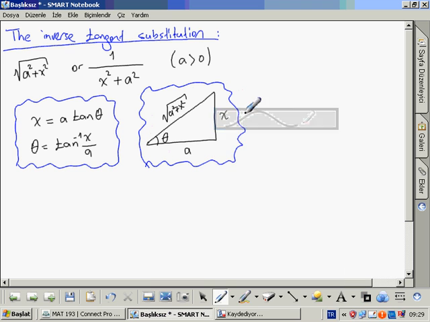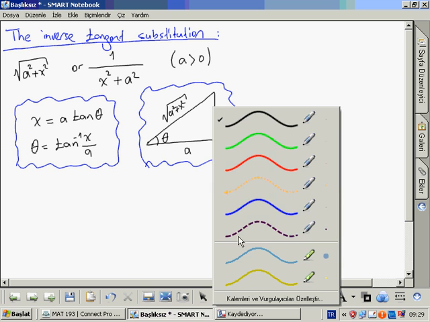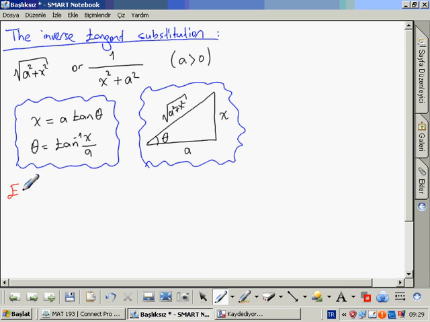And the example: evaluate the integral of 1 over the square root of 4 plus x square dx.